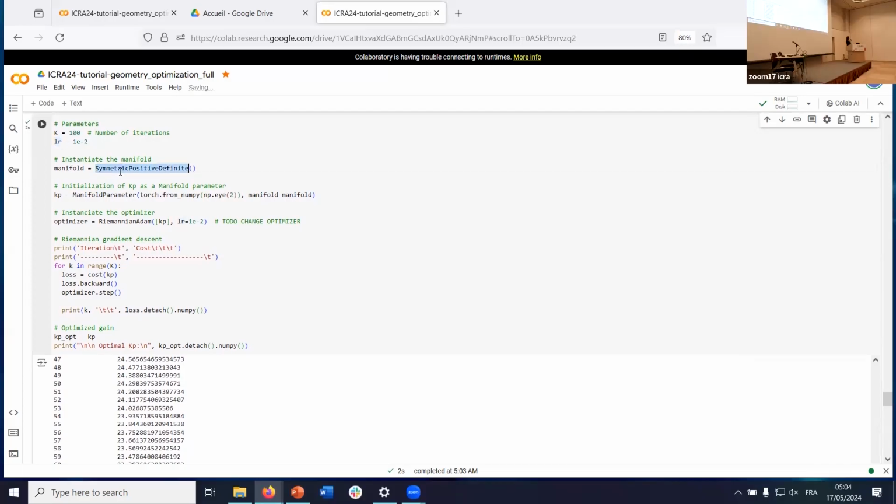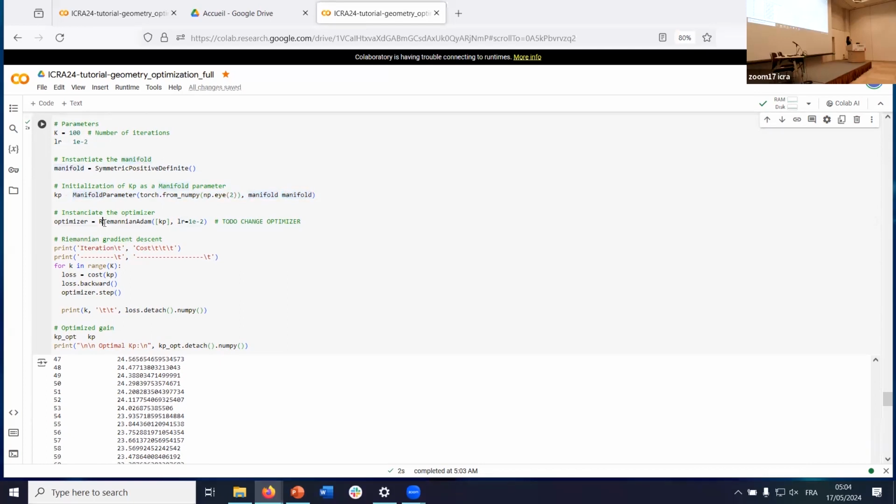Then you instantiate your manifold, and this is where you actually have to start doing something with GeoOpt. When you initialize the initial point of your optimization, you have to define a manifold parameter, right? And you tell on which manifold, the one I just defined, this parameter is lying.